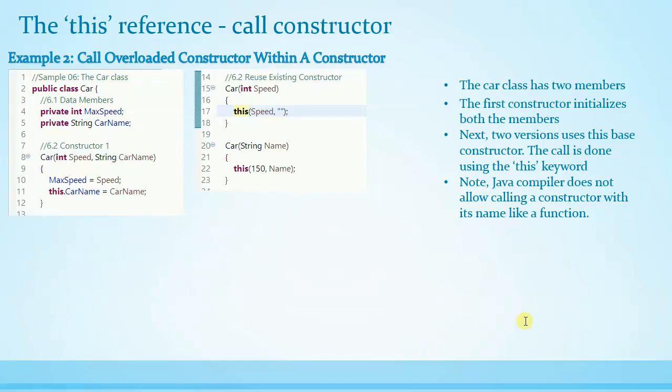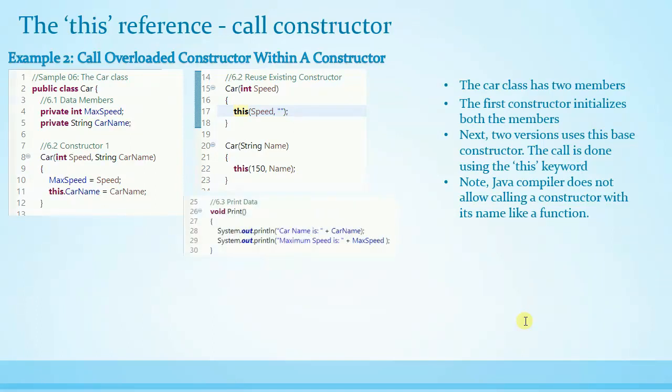Java will give you an error stating that it will look for a function called car, and it will state that there is no function named car defined inside this class. So this is the notation to call the constructor. We have to use this keyword, then we can start supplying the parameters. So here we are calling another version of the constructor inside the constructor.